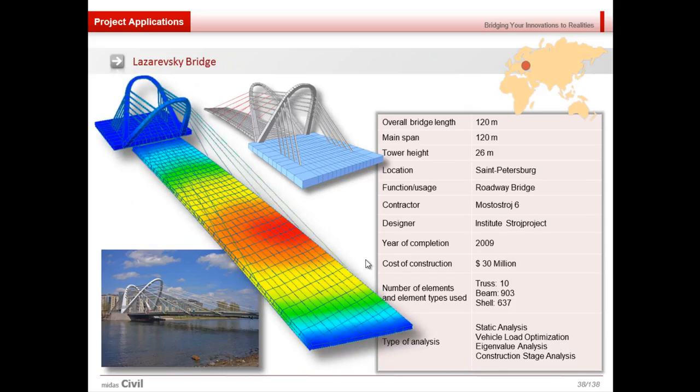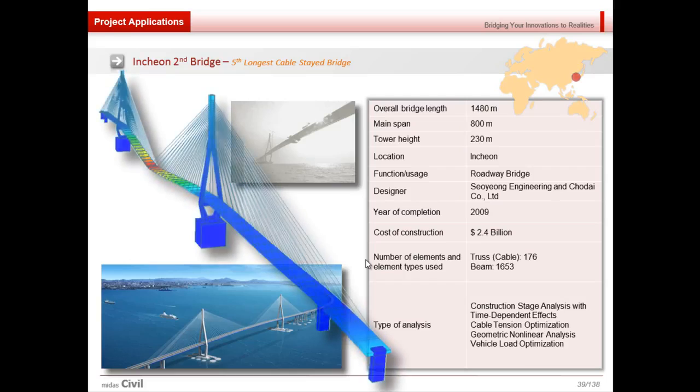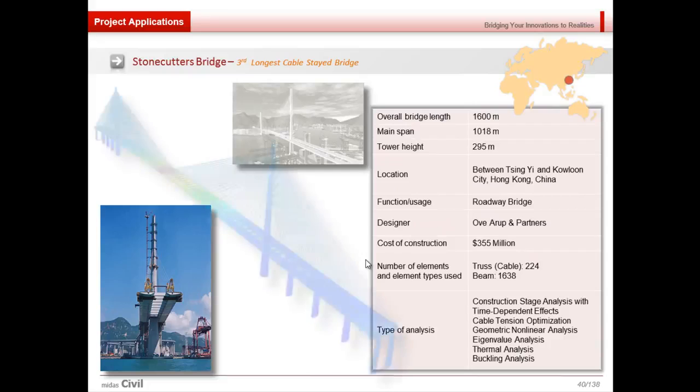The Lazarevsky Bridge, St. Petersburg. The Incheon Second Bridge, which is currently the 5th longest cable stayed bridge in the world. It was designed by Soyoung Engineering and Chodai Company Limited, and it was analyzed for construction stage analysis with time-dependent effects, geometric nonlinear analysis, and vehicle load optimizations.